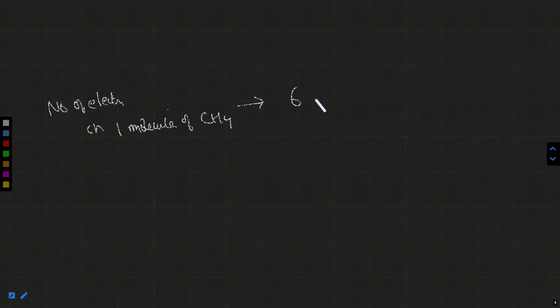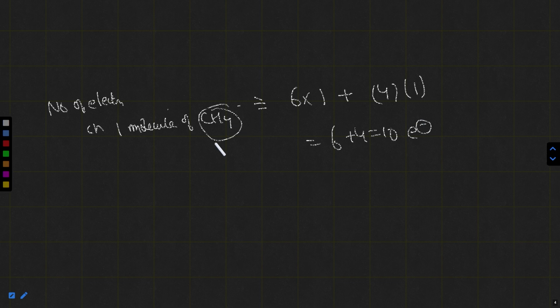Clear? Hydrogen, helium, lithium, beryllium, boron, carbon, 6 electrons. So 1 carbon, multiplied by 1, plus 4 hydrogens. Each hydrogen will contain 1 electron. That would give us a total of 6 plus 4, which means there are 10 electrons per methane molecule.